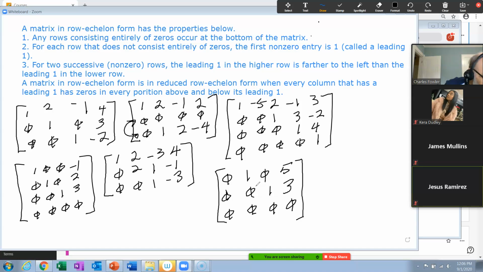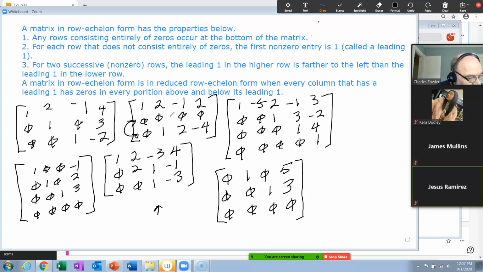For instance, in example 4E, that's this one right here, we already said all you have to do is divide the second row by 2 to get it in row echelon form. This one, all you had to do was switch these two rows. That would work. So every matrix is row equivalent to a matrix in row echelon form.